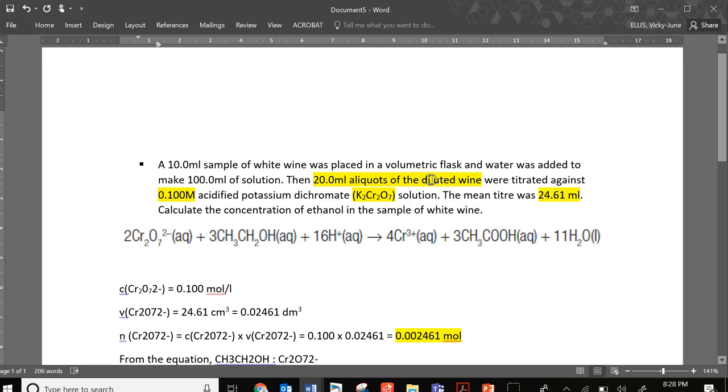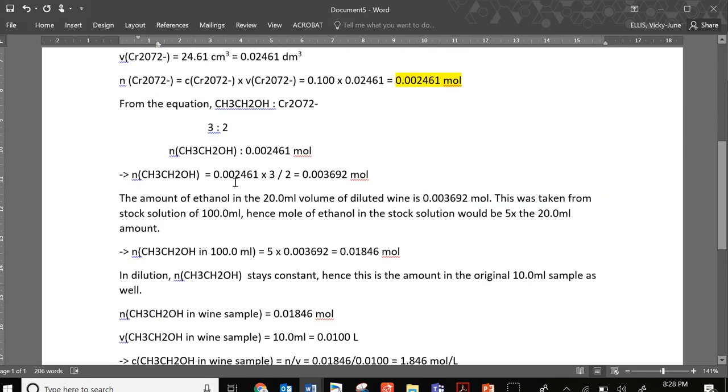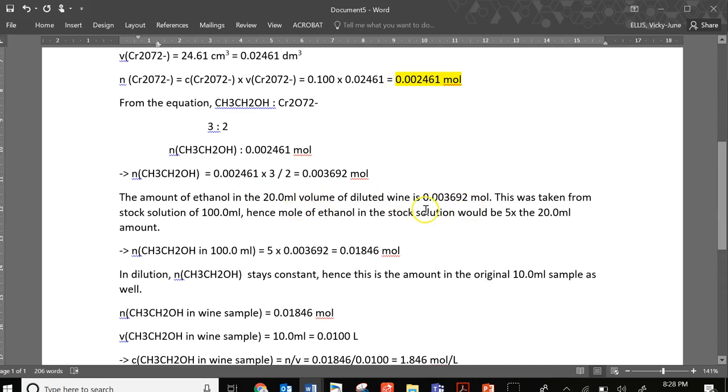This is the wine where we took 10 ml of wine and then diluted it into a volumetric flask. So this is the diluted wine, and this is the number of mole that is in our diluted wine. It was taken from a solution of 100 ml.